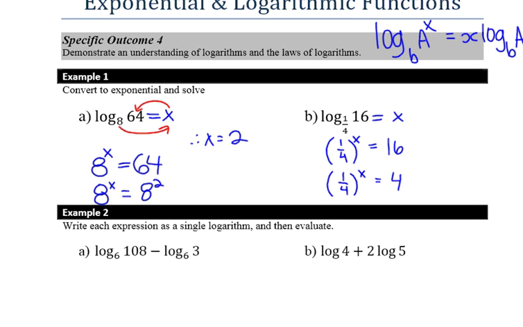Now, is there a way we can make this a 4 to the power of something? This one, 4 to the power of, if we move it to the numerator, what happens to our exponent? Negative. So you could write this as 4 to the power of -1 to the power of x equals 4 squared. And in our power rules, power to a power, what are we going to do with those guys?